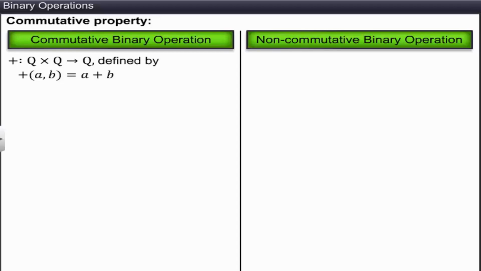Similarly, the operation multiplication from Q cross Q to Q is also a commutative binary operation, since A into B is equal to B into A.